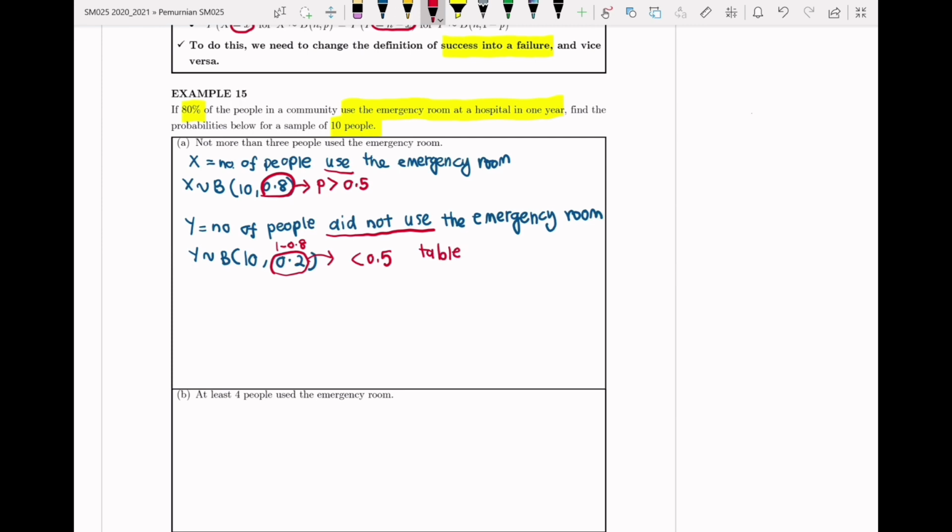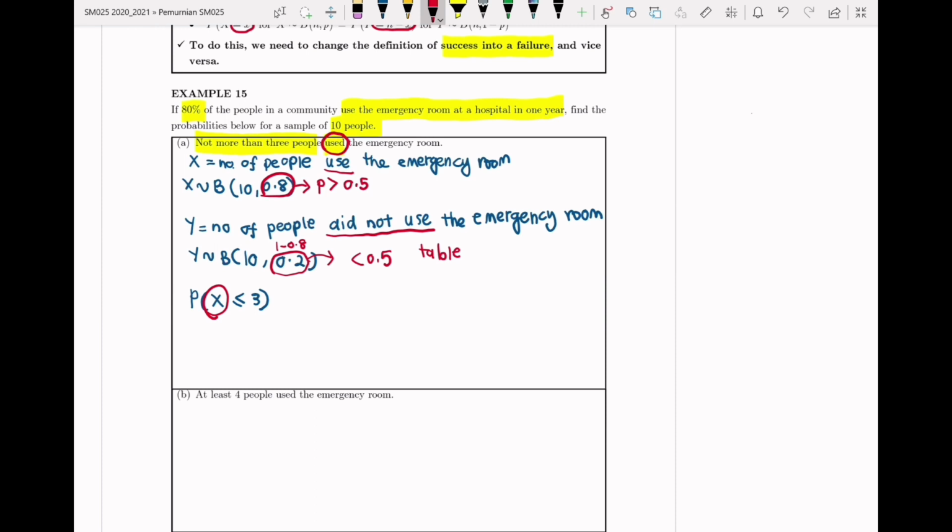Okay, now after we define our distribution, we look at the question. Not more than 3 people use the emergency room. So P(X not more than 3), so 3 is the maximum, X less than or equal to 3. Why do we use X? Because the question states that the people use.